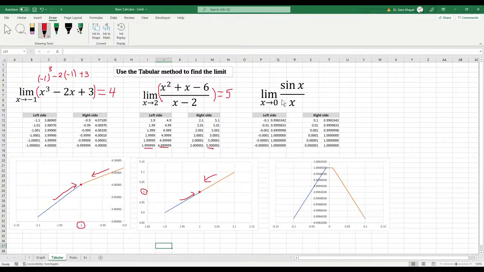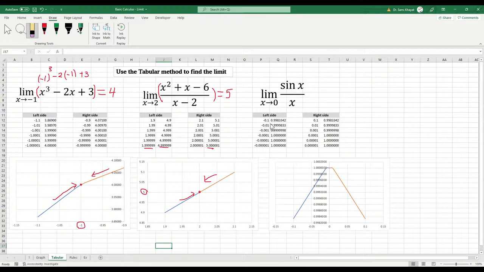Let's get another example, which is the limit of sine x divided by x. Now, if you substitute directly, you will have sine 0 is 0, divided by 0, the same problem, undefined. Okay, but we will see.